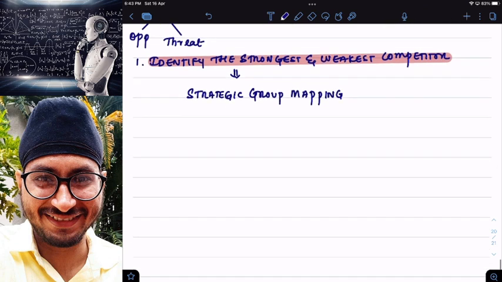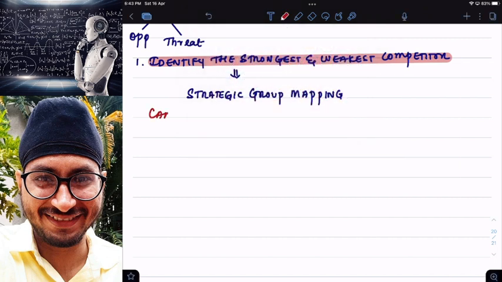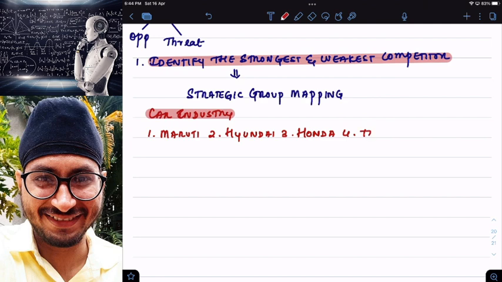Now let us take an example of the car industry. Some examples of car companies we will take and we will see how to prepare this analysis. First I will take Maruti, then Hyundai, then Honda, then Tata, then Kia Motors, then BMW, then what else?